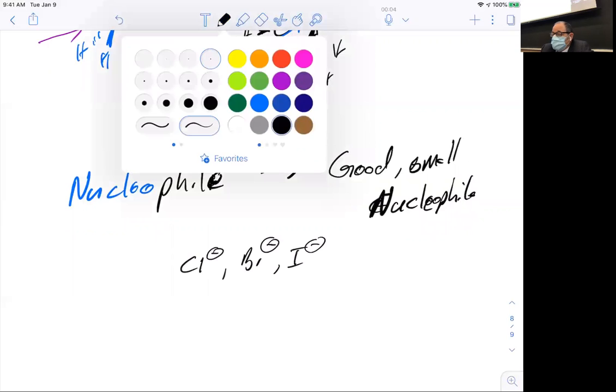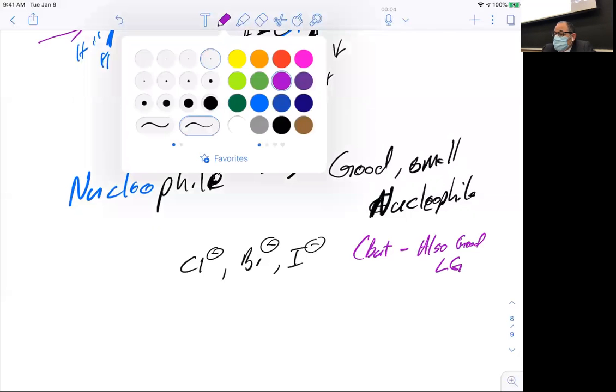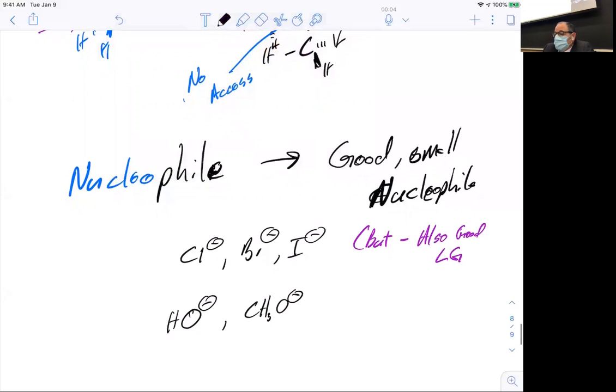But there's a but. What do we also know about halides? They're also good leaving groups. Things like hydroxide, right? Things like methoxide, again, I can make it pretty bulky, right?